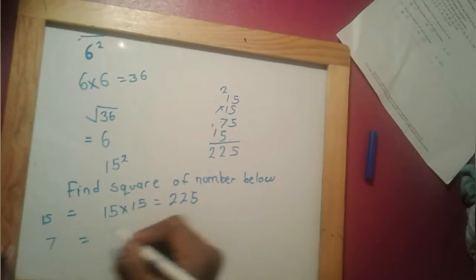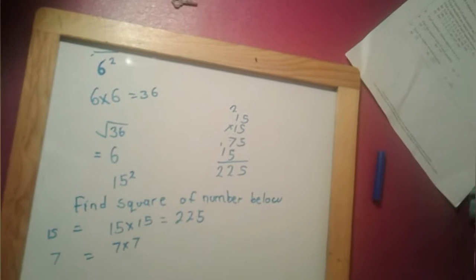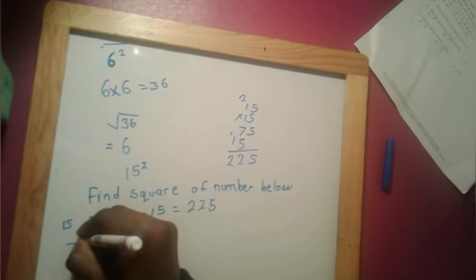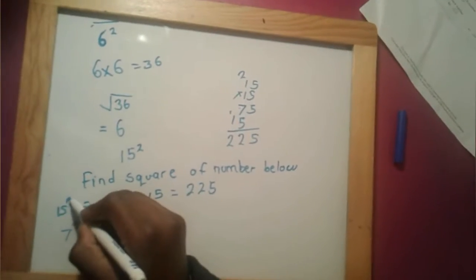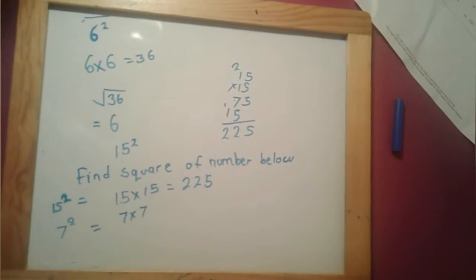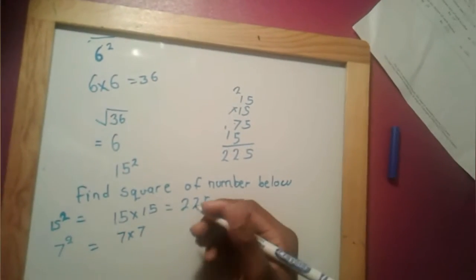And if the question is 7 squared, it will be 7 times 7, because we are finding the square of 7, and the question will be with the square number above, and it will be 2 or 3 or 5 or 6, but it's especially 2.